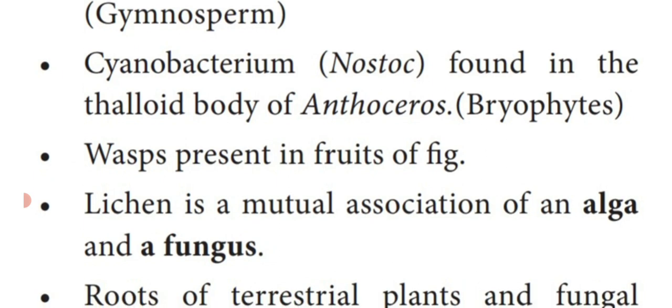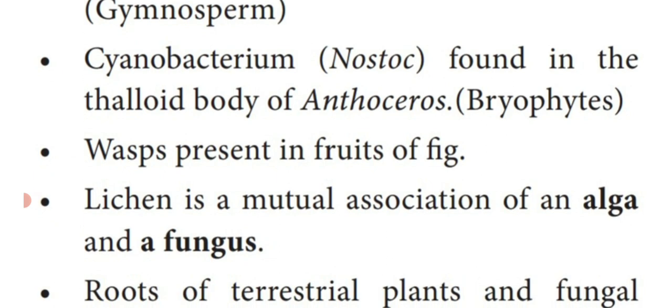Next one, another cyanobacterium, blue-green algae known as nostoc, is found in the plant body of the Anthoceros. It's a bryophytic plant. The life cycle of Anthoceros you also already studied in 11th standard, in the bryophytic topic lesson.